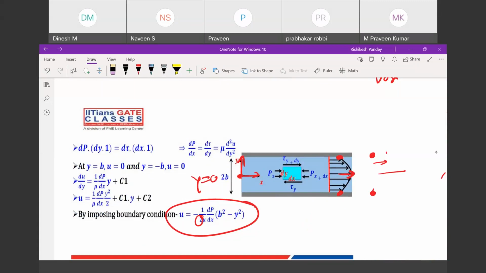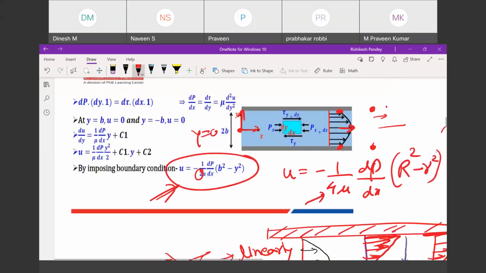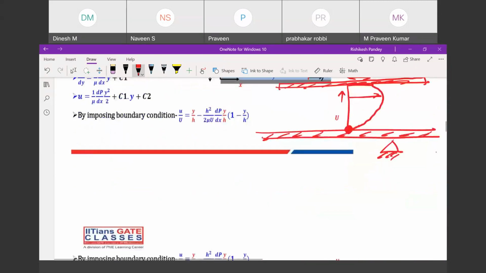For Hagen-Poiseuille, the equation is u equals minus 1 by 4 mu dp by dx, into capital R square minus a variable radius square. Same equation, only here it is 4. So you have to remember only one equation, the velocity profile. Then you can remember the velocity profile for Hagen-Poiseuille also.